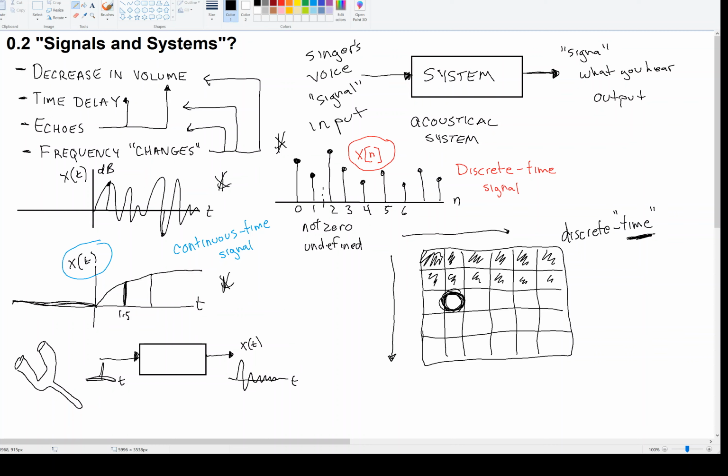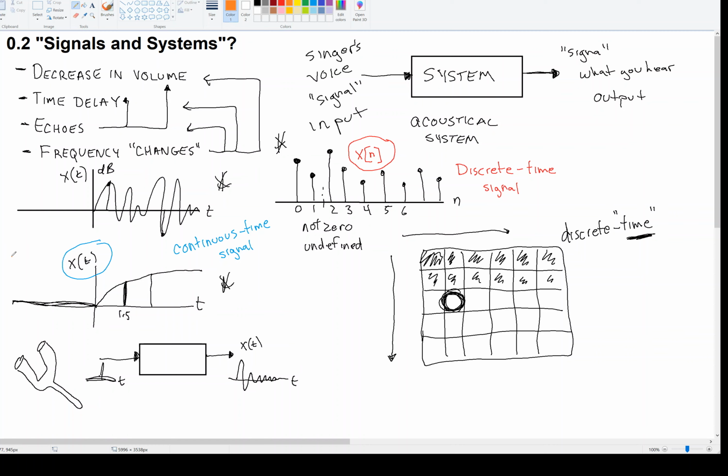Now, what we do in this course is look at both continuous and discrete kind of interchangeably. Everything we do for continuous, we're going to do for discrete and vice versa, because it's very important that we analyze both of these.